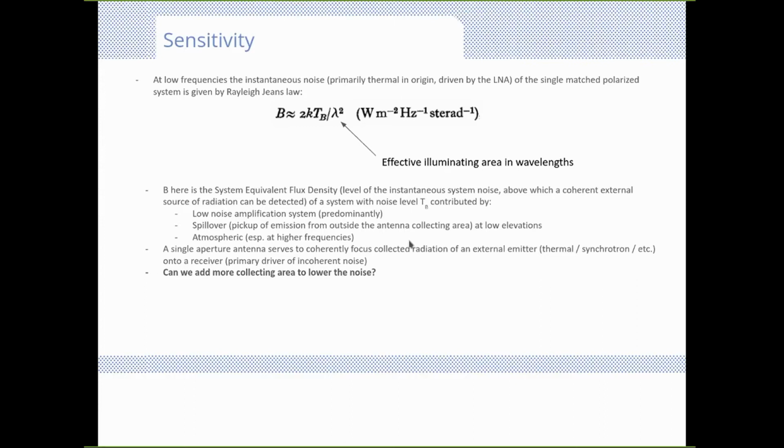At that point, all the radiation is going to experience constructive interference, and it's going to be maximum. So if we know this, we ask the question: is it possible that we can add more collecting area to lower the noise?